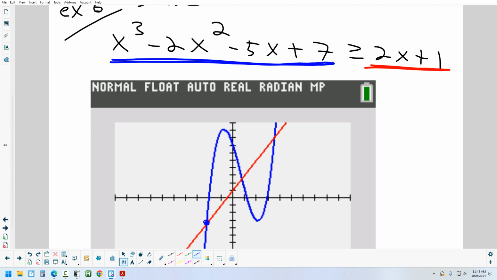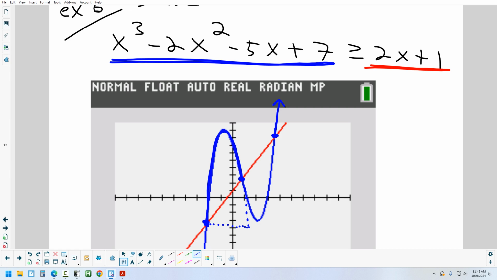So from here to here are answers to this problem. So we need to figure out what the x values are between this point, basically over to this point. So what are the x values in this section? So from here to here. And any x value from here continuing to the right forever.